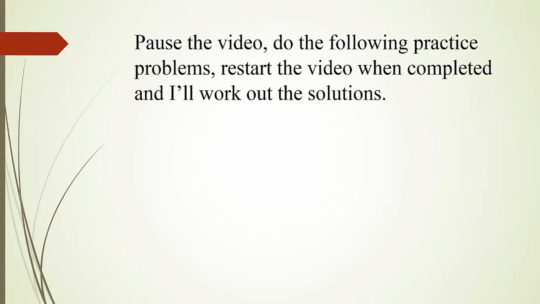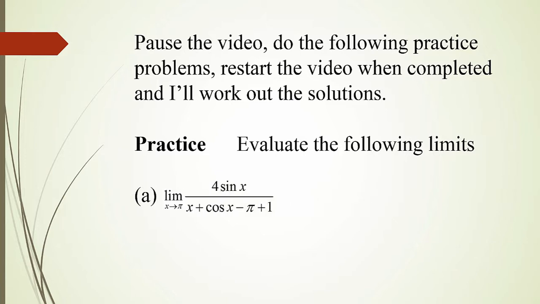All right, folks. Now that we worked through that example, I'd like you to pause the video and do the following practice problems. Part A, find the limit as x goes to pi of 4 sine x over x plus cosine x minus pi plus 1. And part B, the limit as y goes to 2 of y squared plus y minus 6 over the square root of 8 minus y squared minus y.